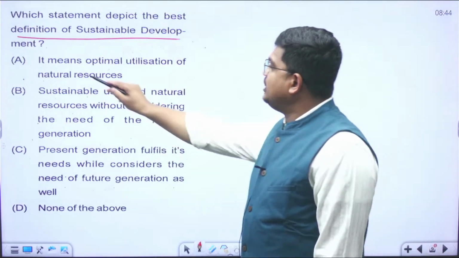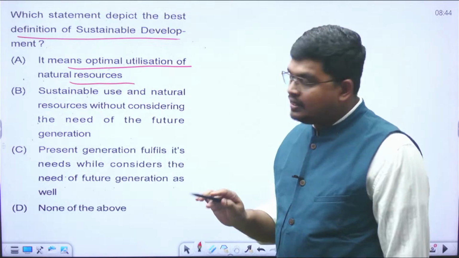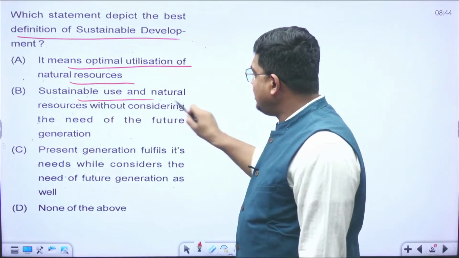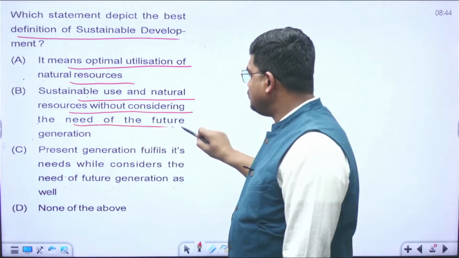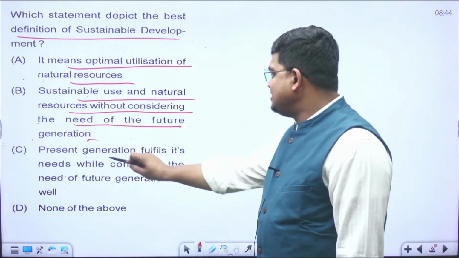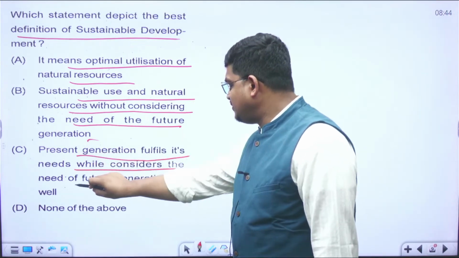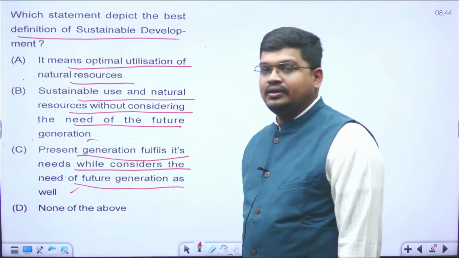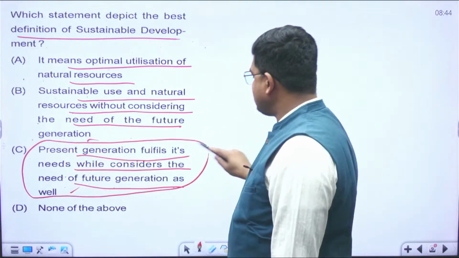If you see, it means optimal utilization of natural resources; sustainable use of natural resources; the present generation fulfills its needs while considering the needs of the future generations as well. So this is the answer and the definition of sustainable development.